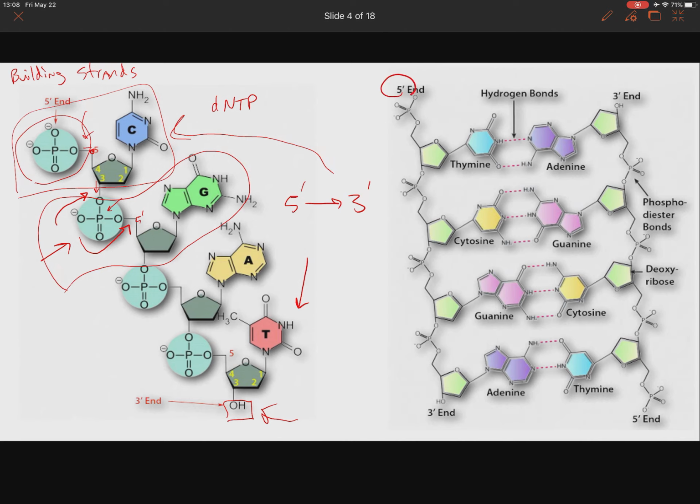So we've got a 5' side that, as we go this way, we would read as T, C, G, A. If we wanted to read the complementary side, we'd have to start at the 5' and read this way, and we would read T, C, G, A. It's the opposite. Because of base pairing, a T becomes an A, a C becomes a G. So we get a complementary strand here that is also anti-parallel. All right, they're held together by hydrogen bonds.